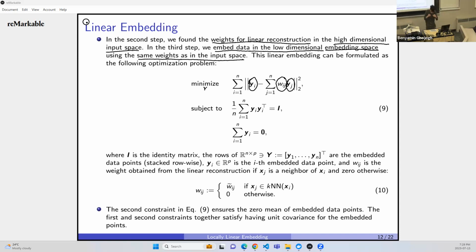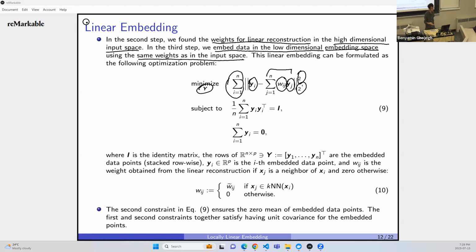But I'm using the same weights. So y_i is a linear combination of the embedding of its neighbors, and I want the squared Euclidean distance between them to be minimized, summed over all of the points. My optimization variable is y, the embedded points.